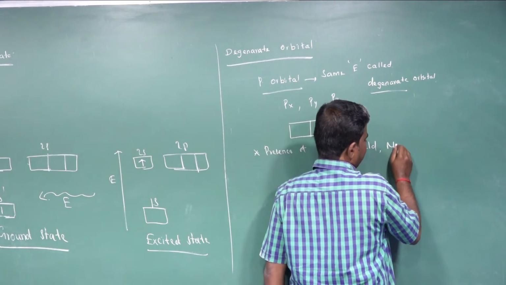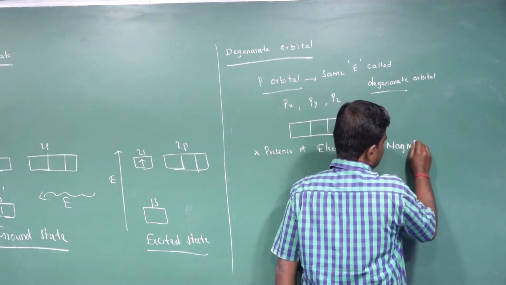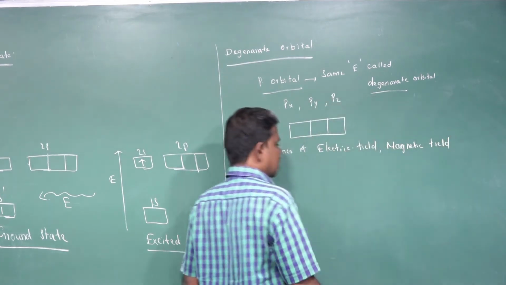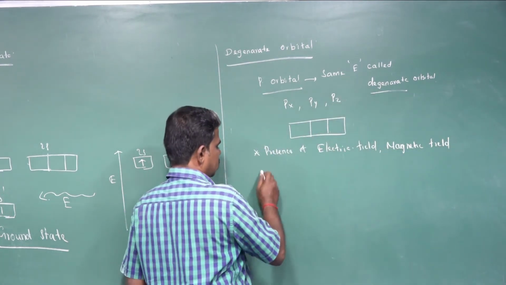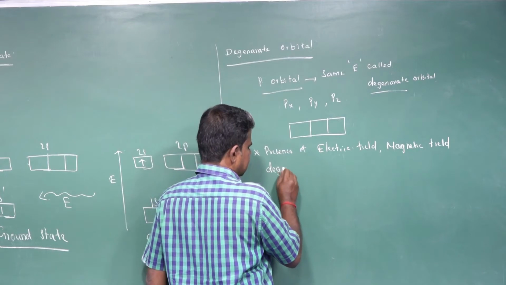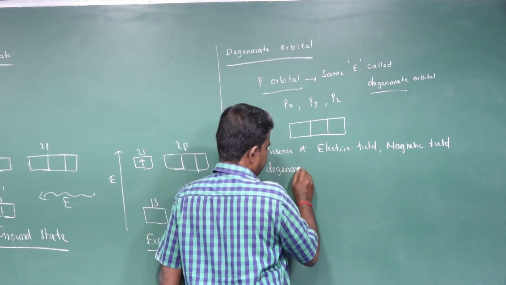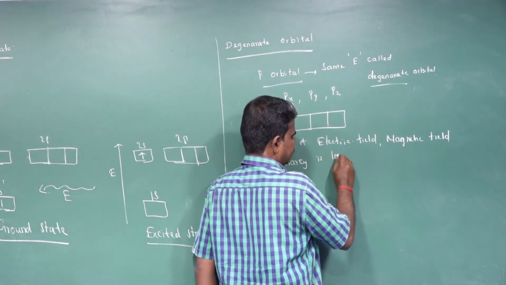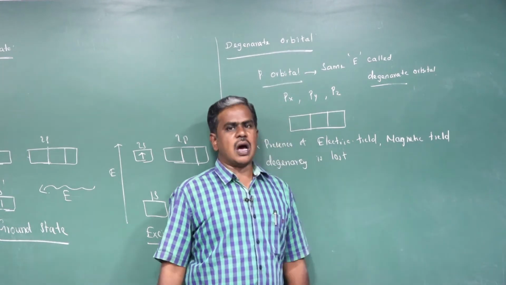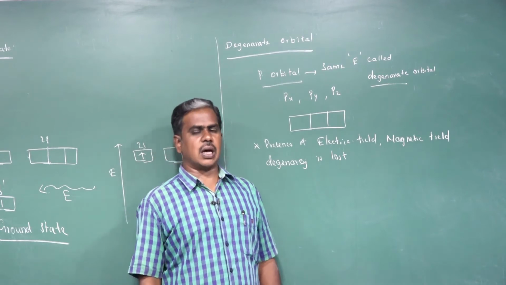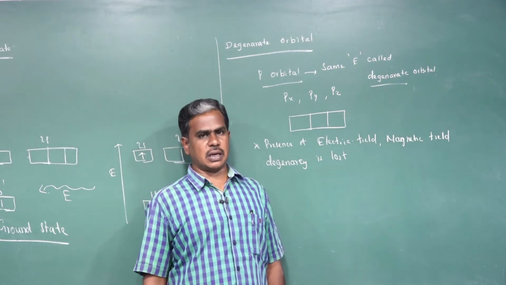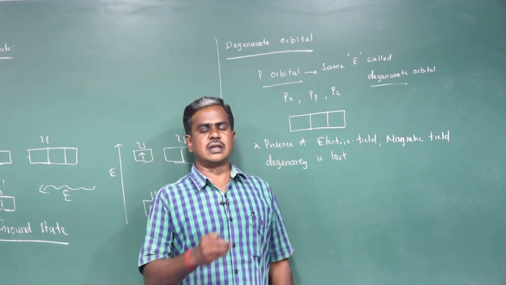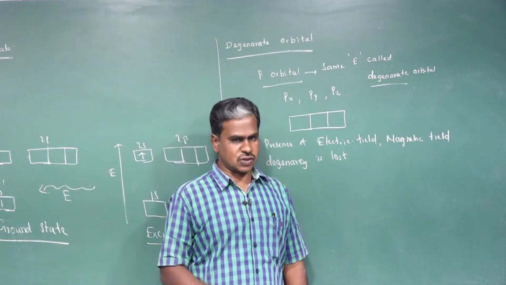So same or equal energy orbitals are called degenerate orbitals, and in the presence of an electric field or magnetic field, the degeneracy is lost.